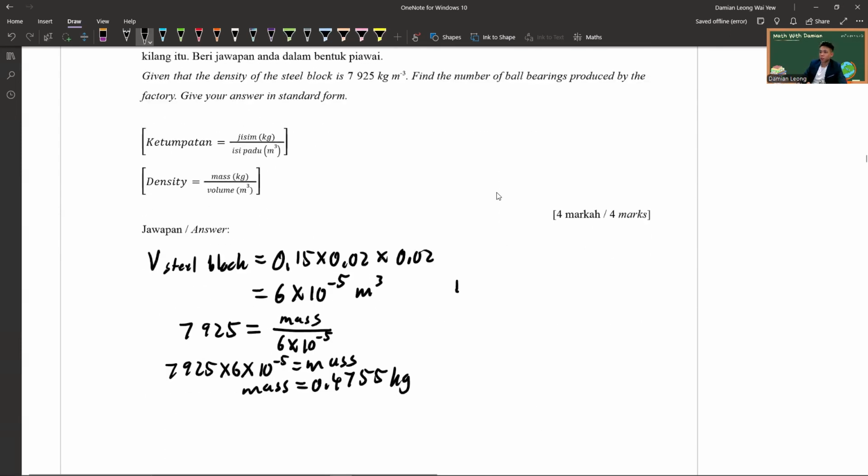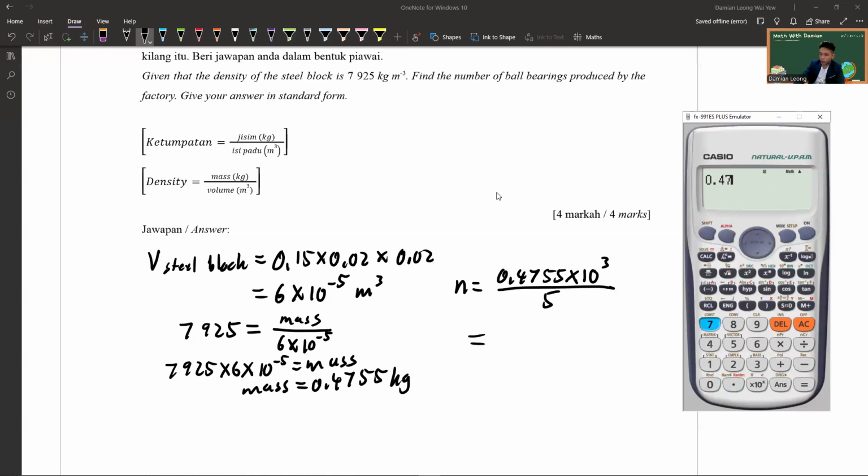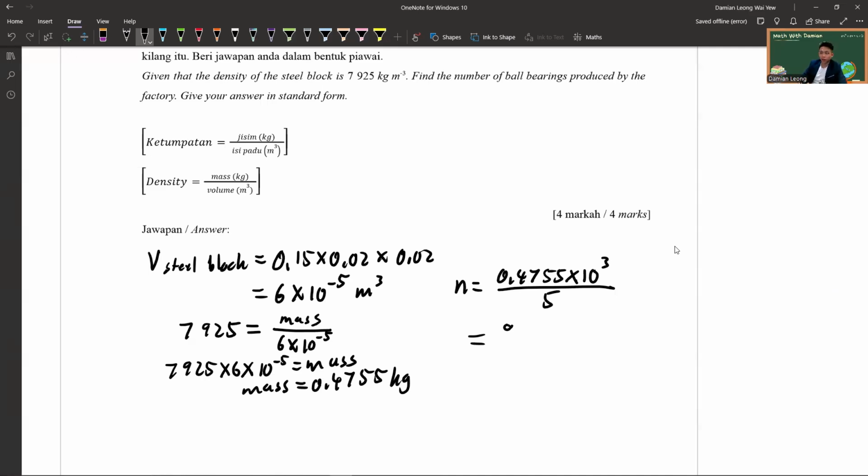Okay, so means number of ball bearings, 0.4755 kg. I need it to be same unit. So kg, I can change to grams times 10 cube, 10 to the power of 3. Okay, or times 1,000 divided by 5 grams. So 0.4755 times 10 power 3 divided 5, okay, is 95.1, means 9.5 times 10.